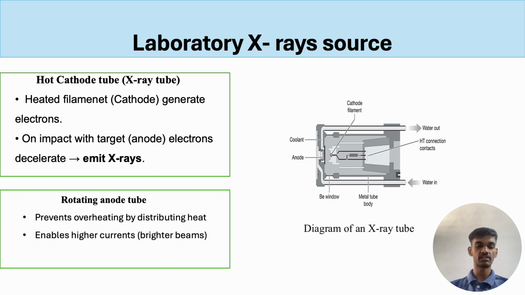After being struck, that part of the anode immediately rotates out of the beam. While it completes a revolution, that part of the anode has time to cool off before it re-enters the electron beam. That's how a rotating anode tube prevents overheating by distributing heat and enables higher current or a brighter X-ray beam.